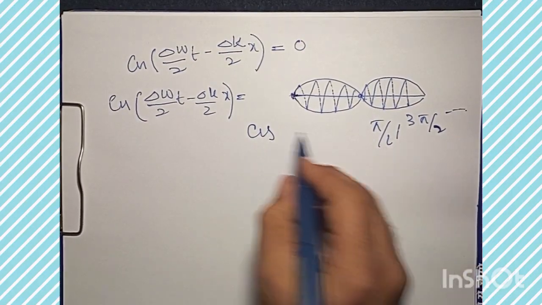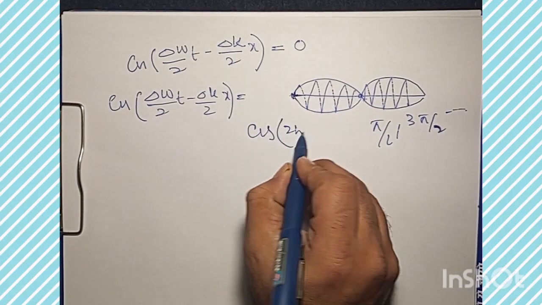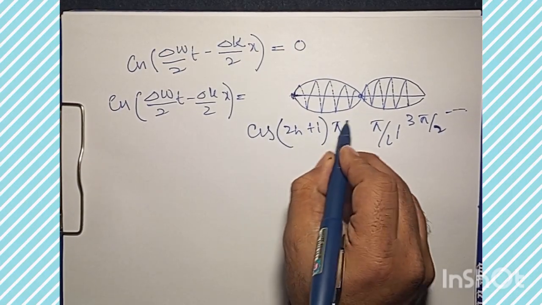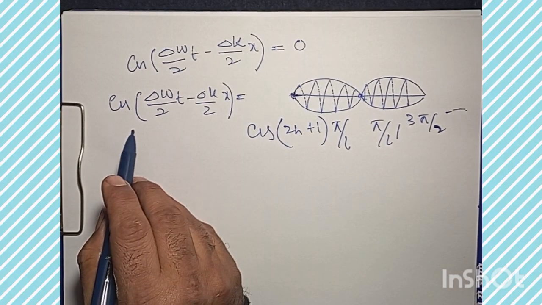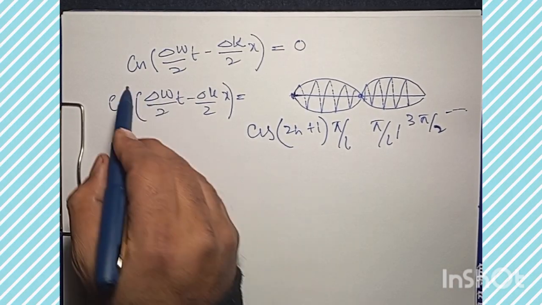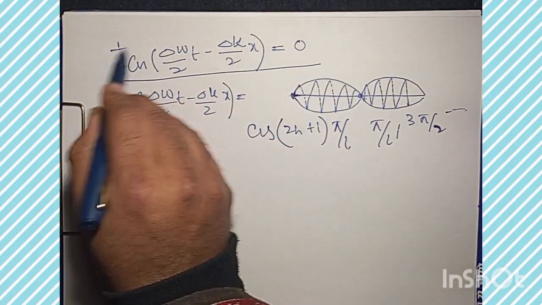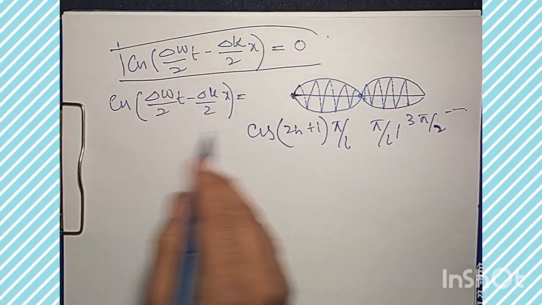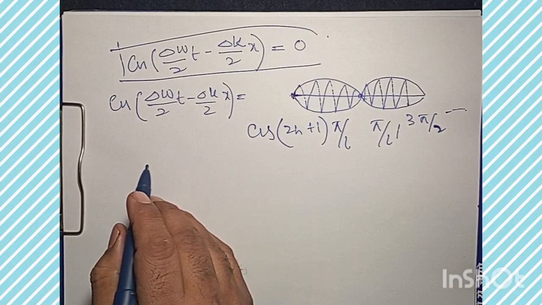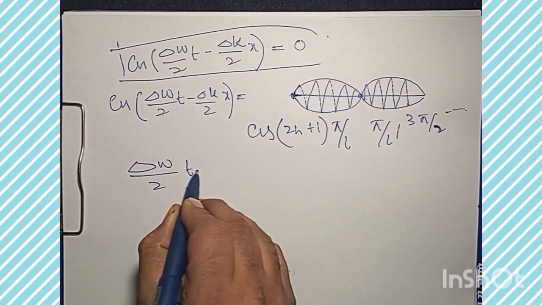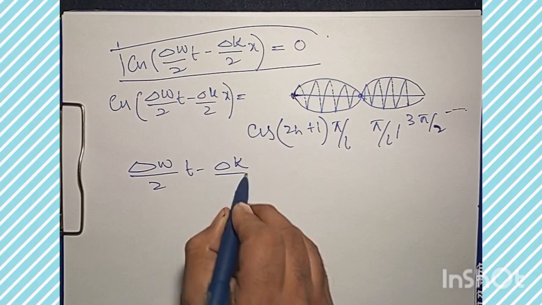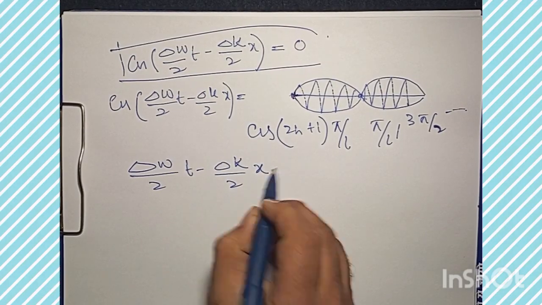So we can generalize this as cos of (2n plus 1) times pi by 2. So the condition for these two nodes can be achieved by this equation. So here we can replace the cos, and what we will obtain is delta omega by 2 t minus delta k by 2 x.